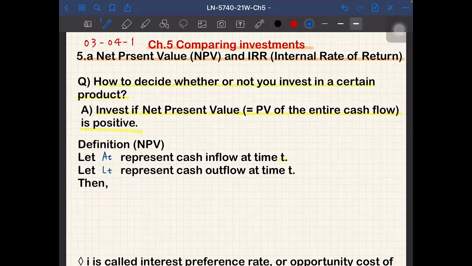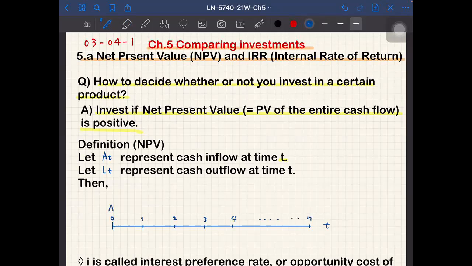So the situation is that we have a time diagram, and we may have some arbitrary time points. So t doesn't have to be an integer, but maybe in some cases, all cash flows occur at integer times.